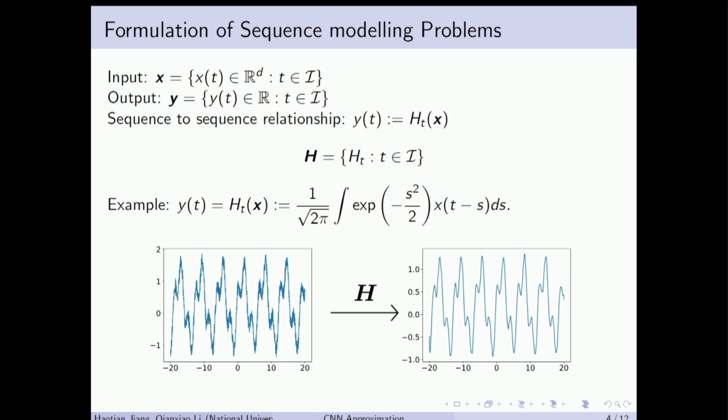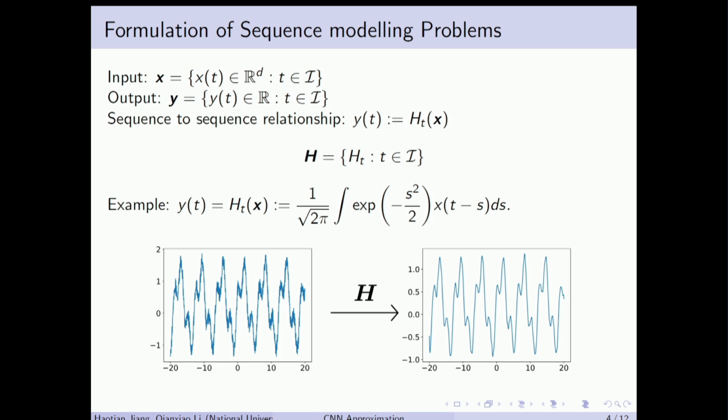Okay, and now we have the input and output. We are going to define the sequence to sequence relationships. Let's just consider the sequence at a specific time t. At the time t, the output y_t possibly depends on the whole input sequence x, so it's natural to define it as a functional.